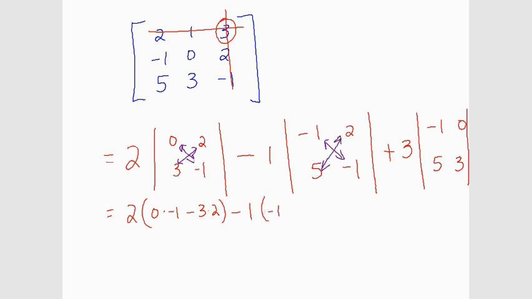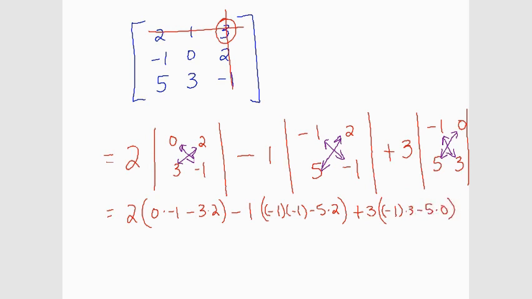So negative 1 times negative 1 minus 5 times 2. Okay, and then plus 3. And then we're going to do negative 1 times 3 and 5 times 0. So negative 1 times 3 minus 5 times 0.